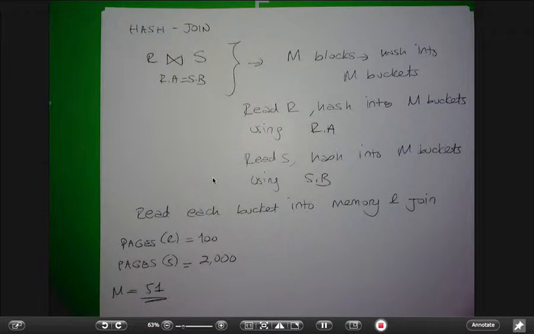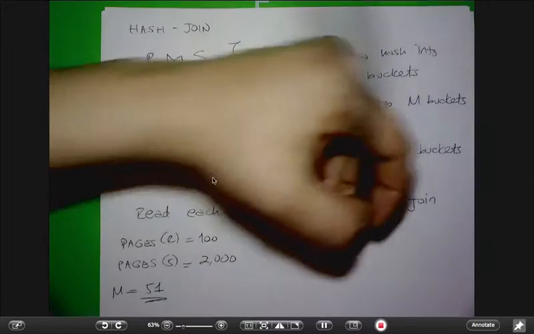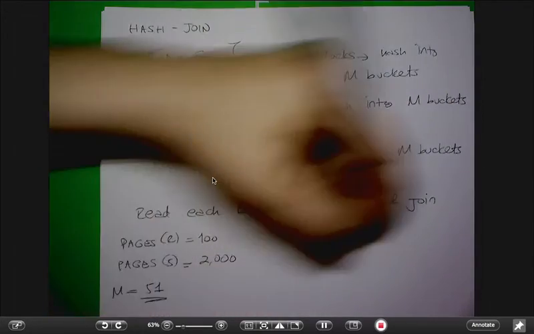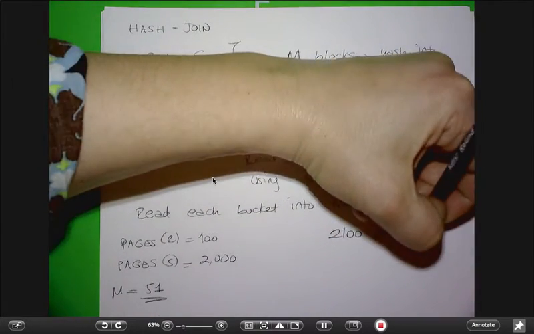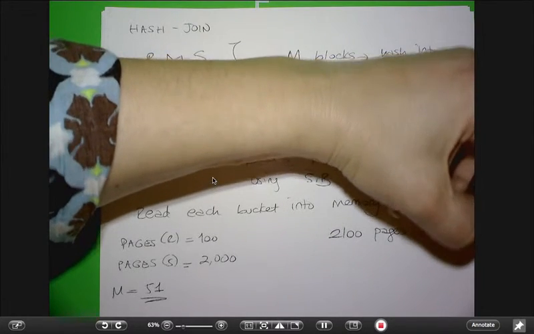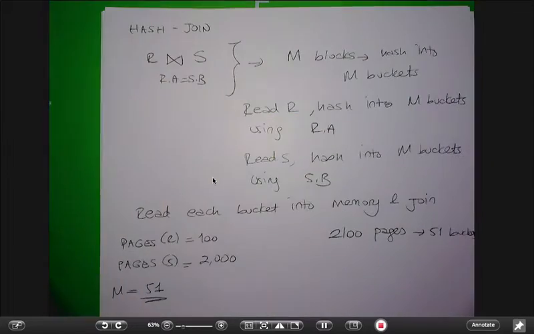So if I'm going to take all of these and hash to roughly 50 buckets, right? So I am basically mapping 2100 pages into 51 buckets. So how many disk pages per bucket, roughly? If you assume that it's equally likely, that's about how many pages? 4, right? Roughly 4 pages per bucket.